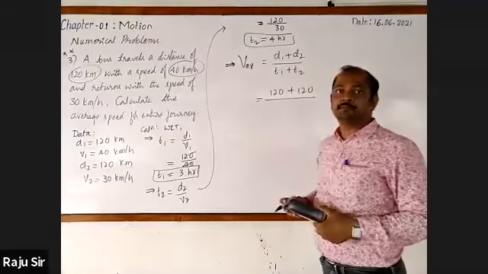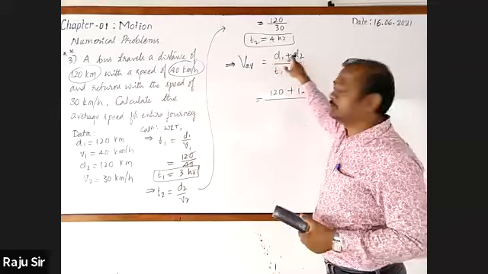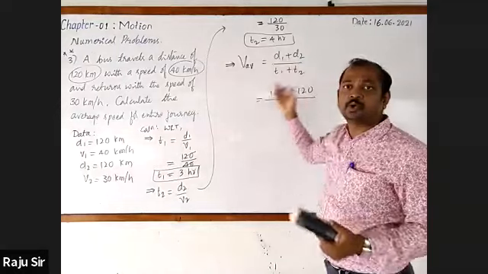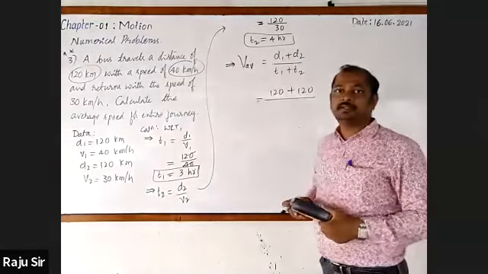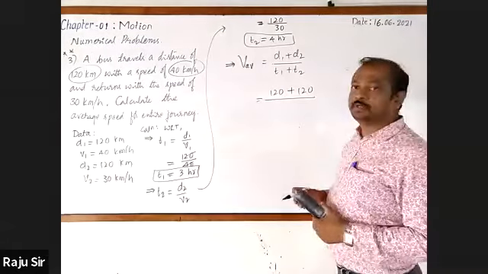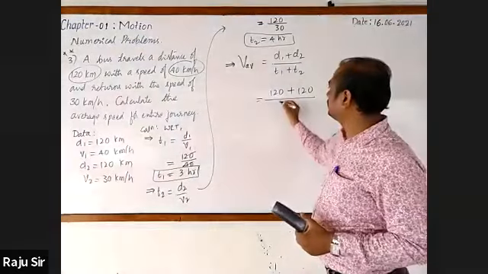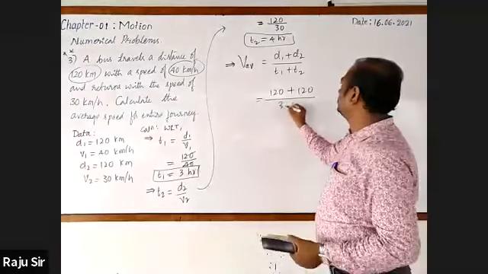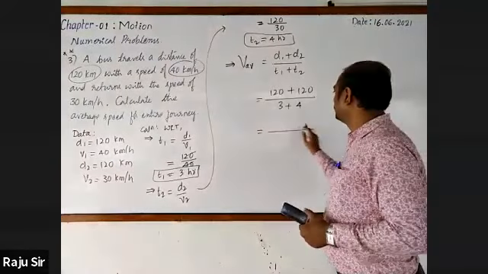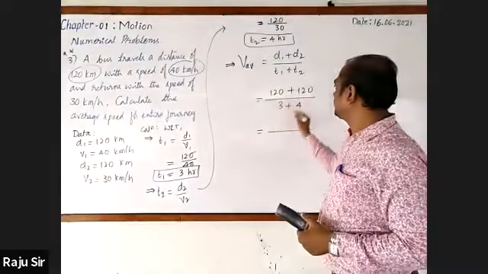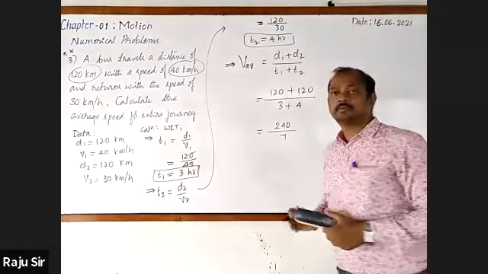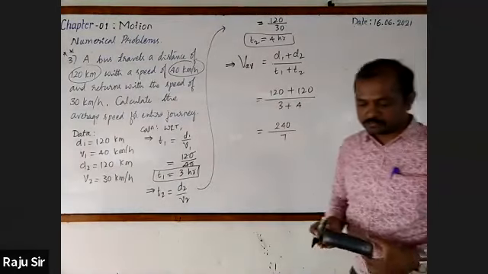Next, average speed formula. Average speed is equal to total distance, nothing but d1 plus d2, by total time, t1 plus t2. It is 120 plus 120 by t1 and t2, where t1 is 3 hours, t2 is 4 hours, total 7 hours. Adding these two, 120 plus 120 is 240, and 3 plus 4 is 7. 240 by 7.